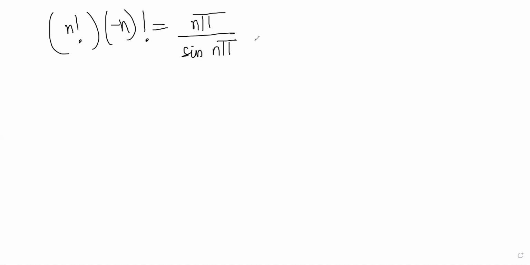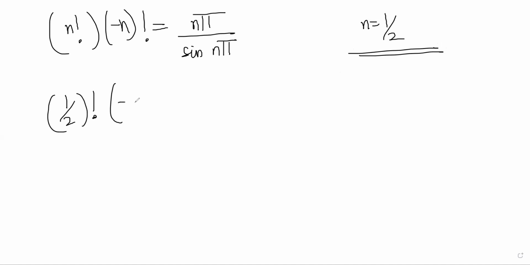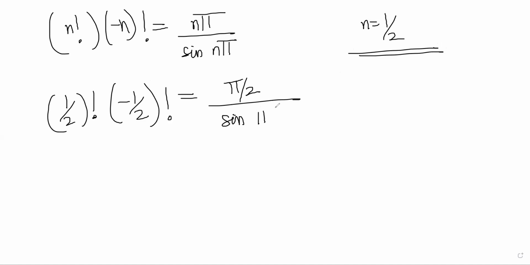And let's see what values we are getting. If I put n is equal to half, I'll get half factorial times minus half factorial is equal to pi by 2 over sine of pi by 2, right? That is pi by 2. And because we already know minus half factorial was basically for us root pi, right?